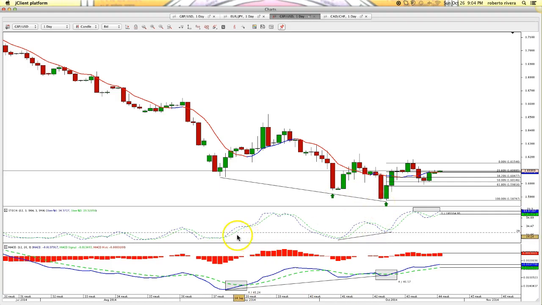Remember that stochastics and MACD are a copycat of price. Price goes up, stochastic goes up, MACD goes up, but when they go in the opposite direction, then we have divergence, and that is signaling a change in sentiment, a change in direction, and that's exactly what's happening with the pound dollar right now. So that's it for this tutorial.